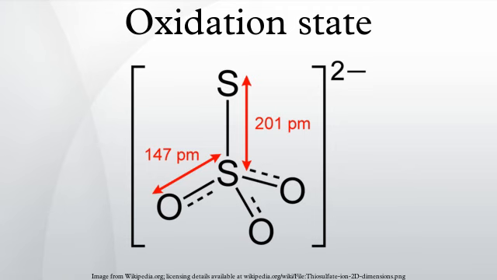Ionic compounds: if an ionic compound has two ions with a common element, such as ammonium nitrate, NH4NO3, it is usual to consider the oxidation states for each ion separately.